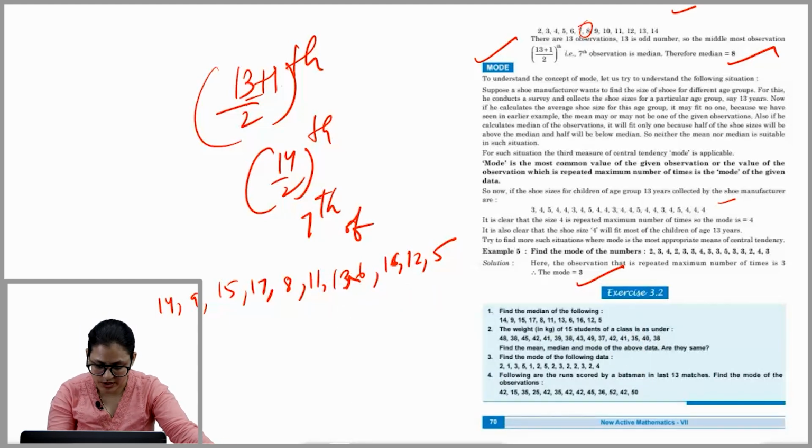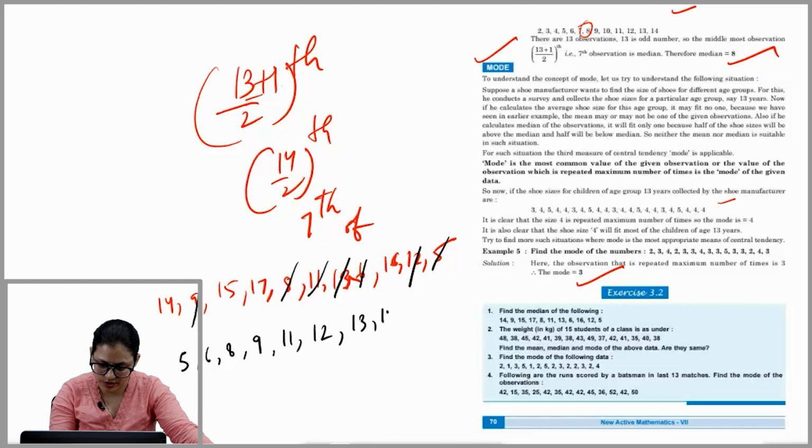Which is the smallest number? 5, then 6, then 8, then 9, then 11, 12, 13, 14, 15, 16, 17.